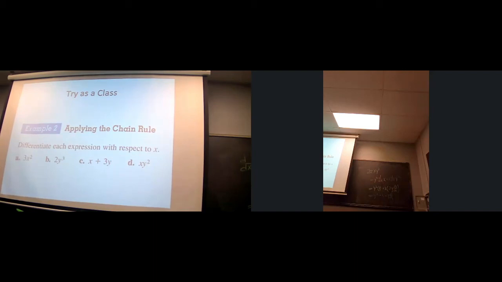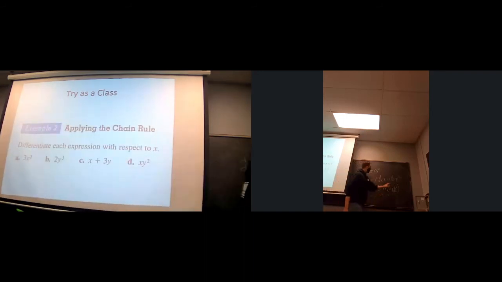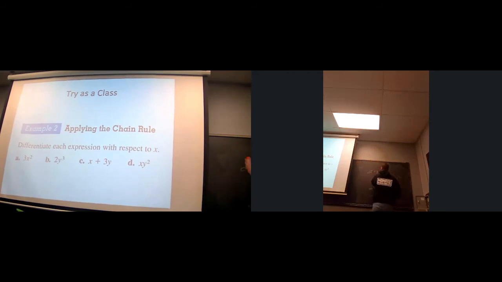What are we doing here? We're thinking of everything that's happening to y as a function or as an equation. And then we're differentiating y. So you can think of u as being equal to y squared.